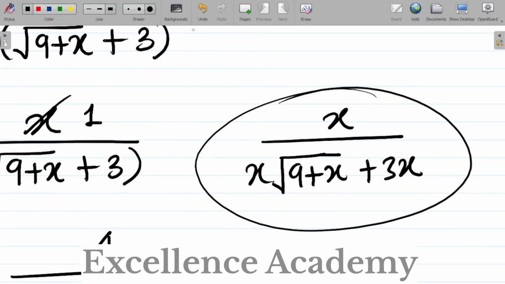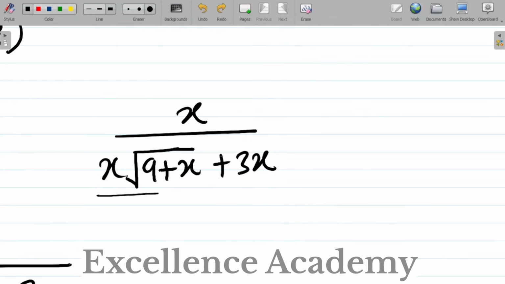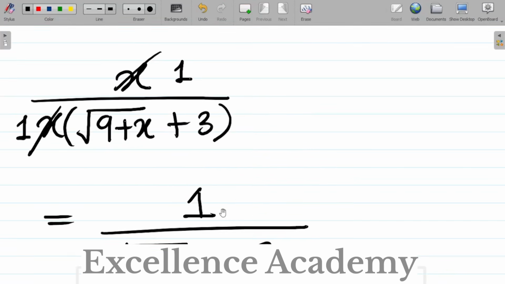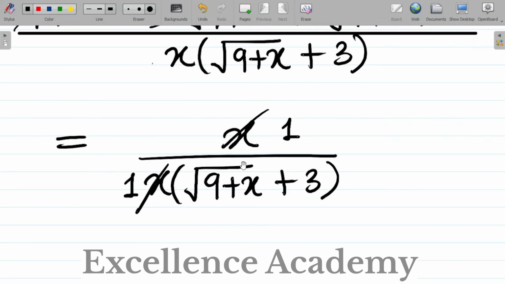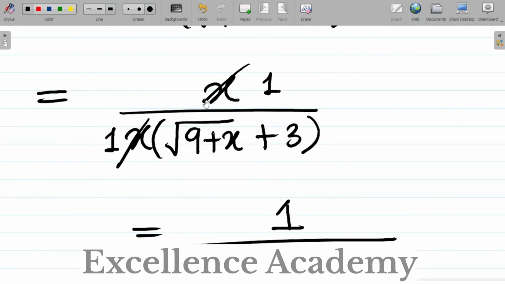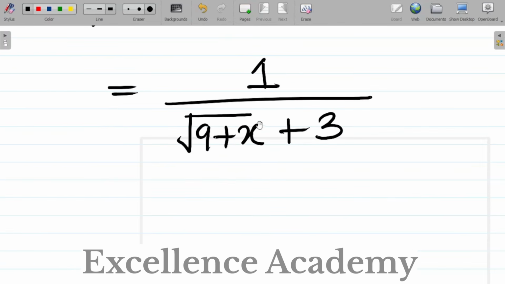Or perhaps, to simplify this, I would still have to go back to factorizing this part, which is kind of complex. So the best advice would be, do not expand. This part has to do with experience. By the time you solve many questions of this form, you'd observe that for this particular question type, do not expand the denominator. And then you have this case here.